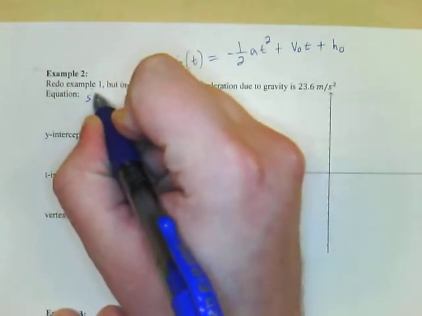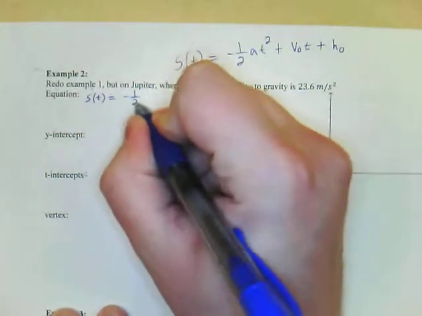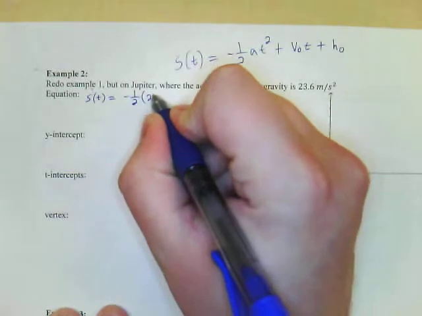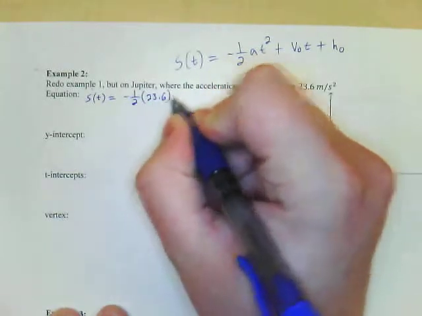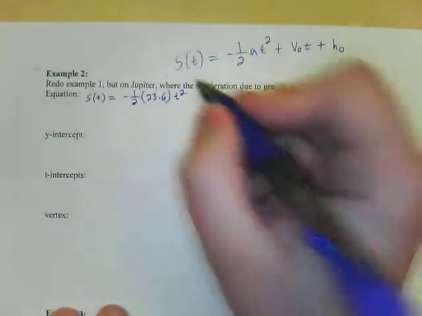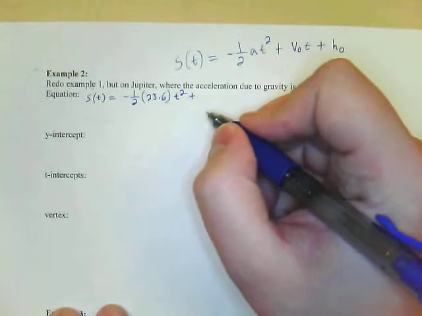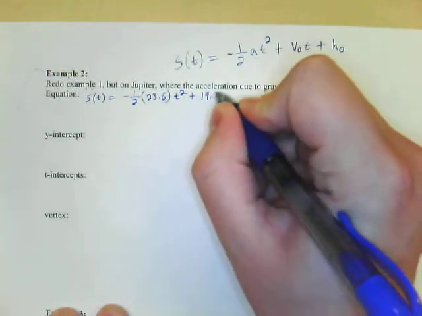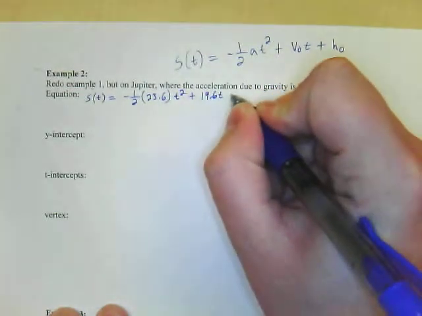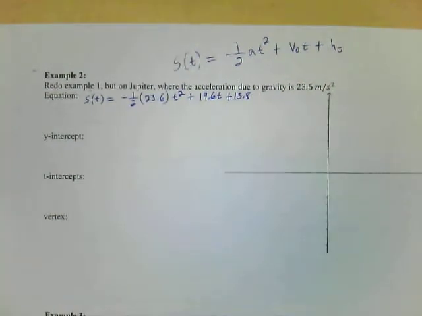So then what we're going to have is the position with respect to time is equal to negative 1/2 times the acceleration due to gravity, which is 23.6, times t squared, plus the initial velocity, which from the last video was 19.6 meters per second, times t, plus the initial height, which was 13.8 from example 1.